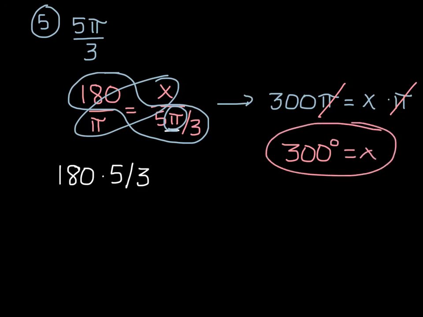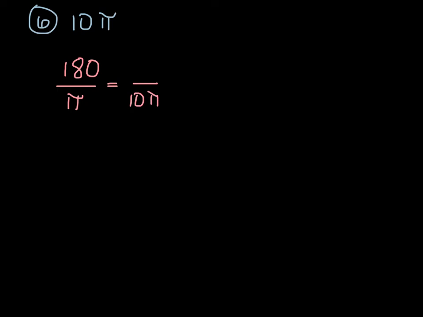Okay, and one more example. So again, they're giving you a radian measurement here. I'm going to start with my 180 over pi. As long as you can keep that 180 over pi in mind, you should be in good shape. My 10 pi here is going to go on the bottom. My x is going to go on the top.